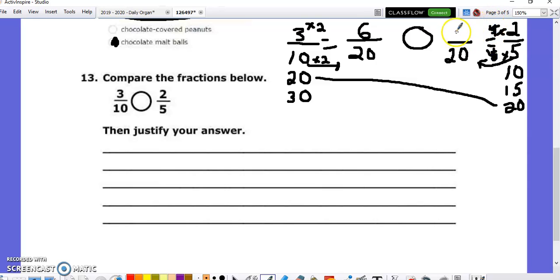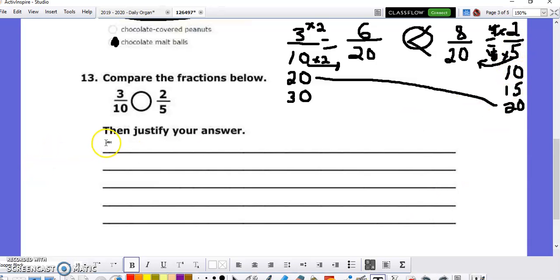So 2 times 4 is 8. Which allows me to see that when I compare common denominators, I can tell that 8/20 is greater than 6/20, which means that 2/5 is greater than 3/10.